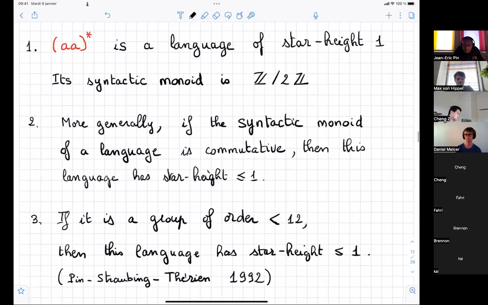And furthermore, and that's much more difficult to prove, if the syntactic monoid is a group of small order, less than 12, which is very small, then the language has star height at most 1. Okay, it's not 2.